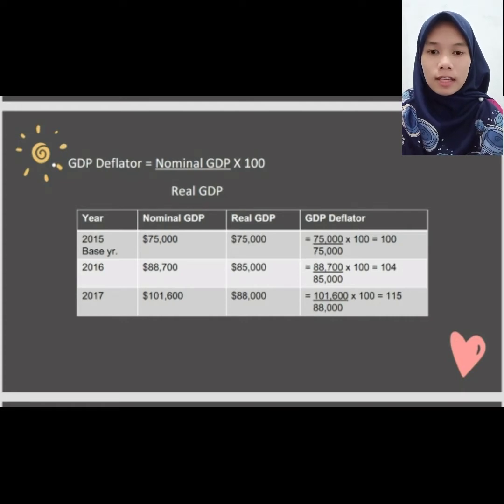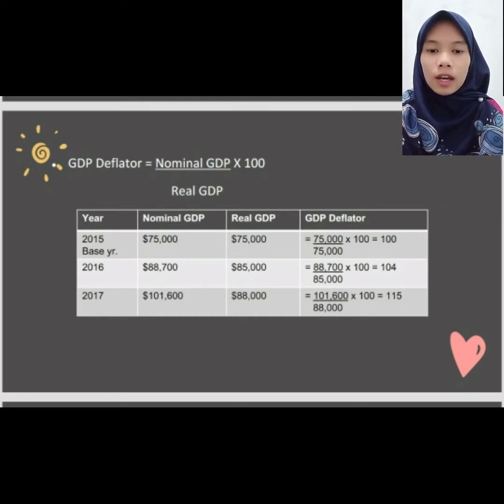In 2017, the nominal GDP was $101,600,000 and the real GDP value was $88,000. The same as in 2016, the nominal value was greater than the real GDP value.